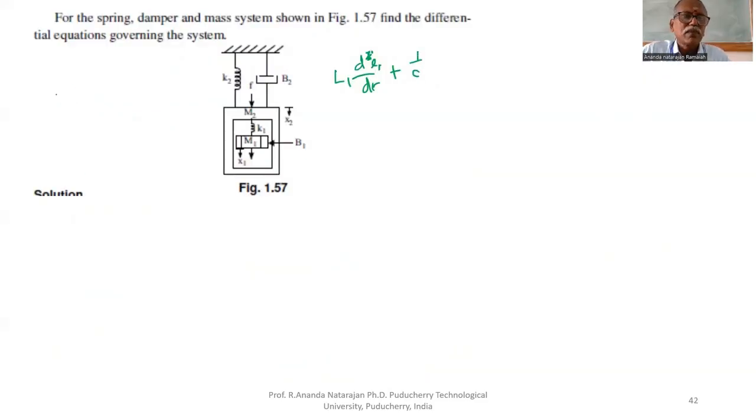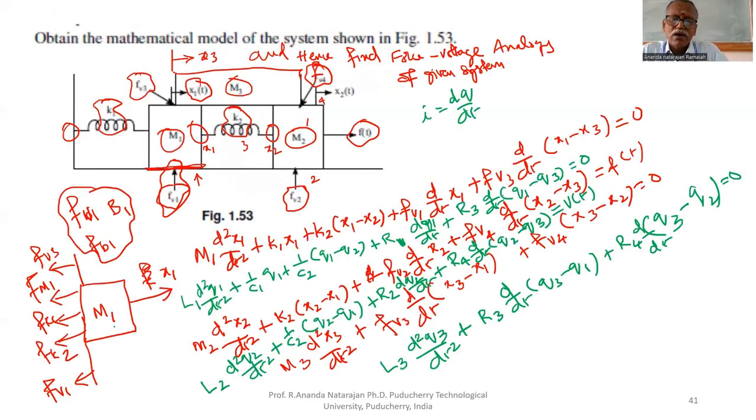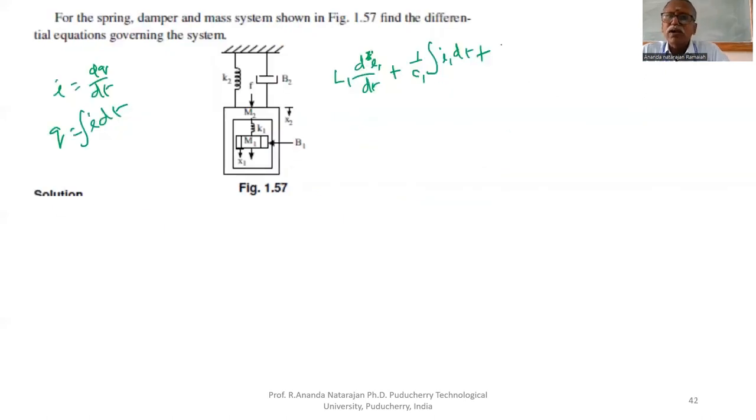I equal to dq by dt, therefore q equal to integral of I dt. Therefore, 1 by c1 integral of I1 dt plus 1 upon c2, q1 minus q2. Therefore, 1 upon c2 integral of I1 minus I2 dt.